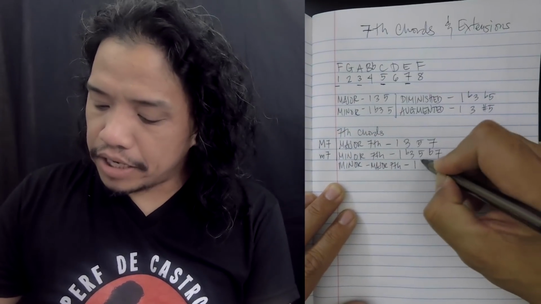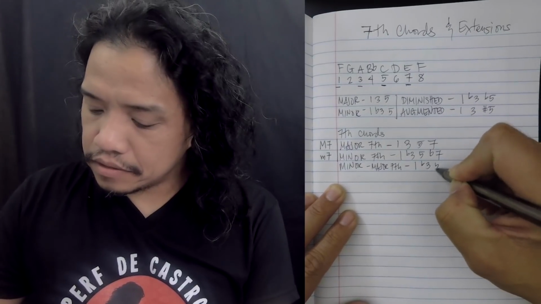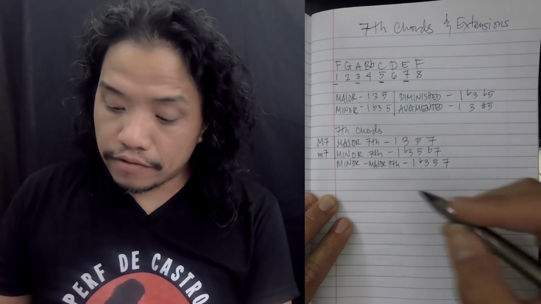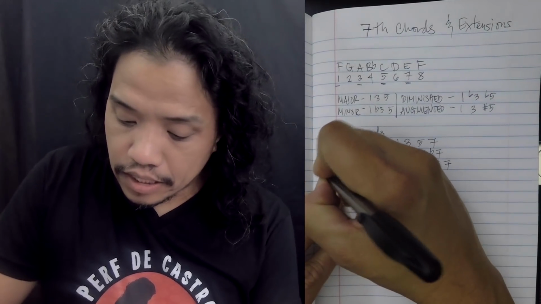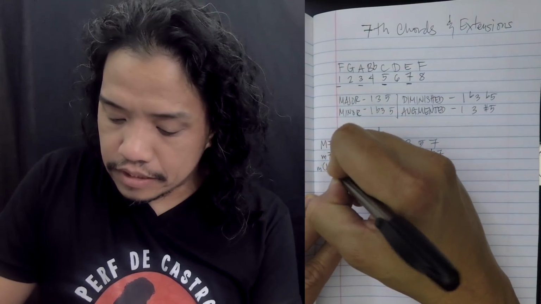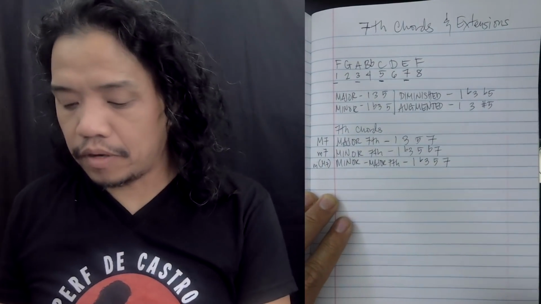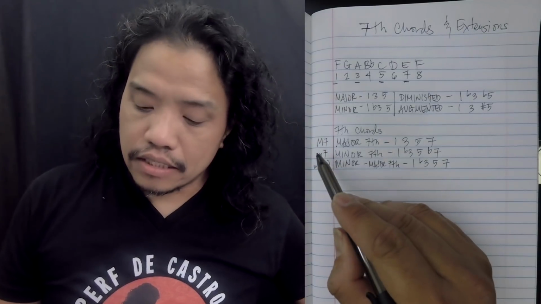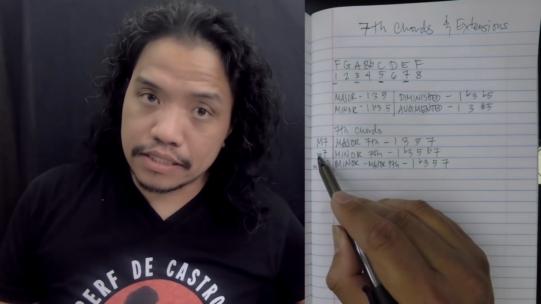That is a minor triad with a regular major 7. The shorthand for this can be written as m with a parenthesis, capital M7. So the capital M designates a major, the small m designates minor.